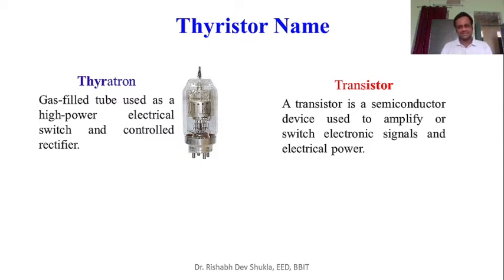A thyratron tube is basically a gas-filled tube used as a high power electrical switch and controlled rectifier. And as you know, a transistor is a semiconductor device used to amplify or switch electronic signals and electrical power.